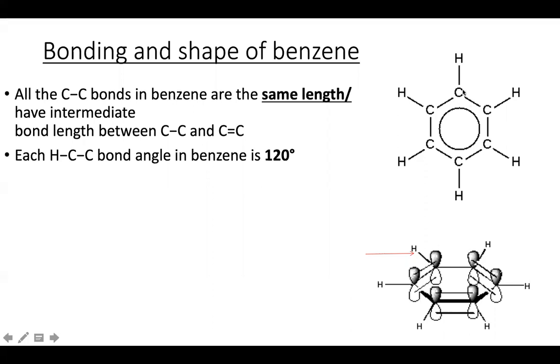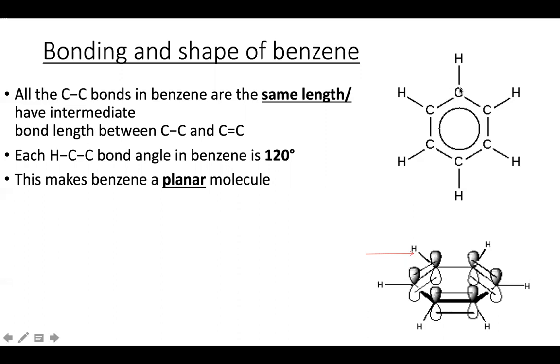Now, to know the shape of each carbon atom, you need to look at one central atom and count the number of electron regions, or what we say the bonds around it. So for this carbon atom, if I just choose one, there are 1, 2, 3 bonds around it. When you have 3 bonds around a central atom, it has a shape of trigonal planar.